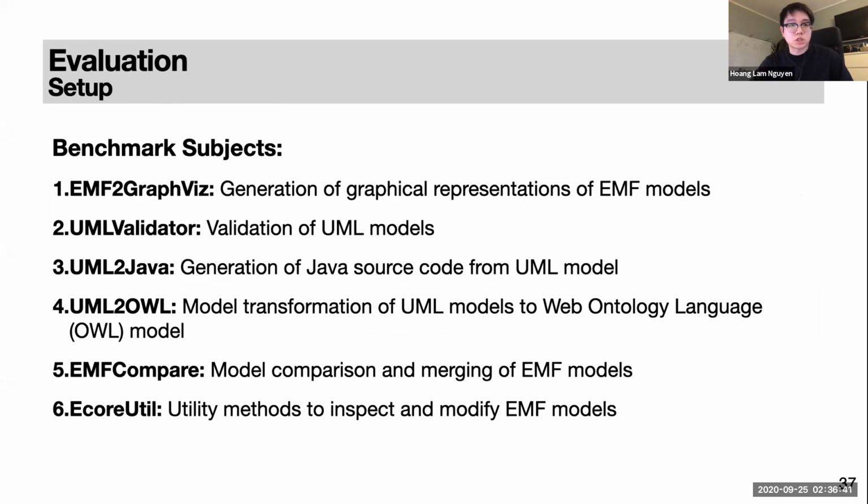As evaluation subjects, we use a wide range of modeling tools ranging from code generators, model validators, model transformations, as well as model comparison and model merging utilities. All these subjects take as input instances of the UML metamodel, which is a well-known and fairly complex metamodel.